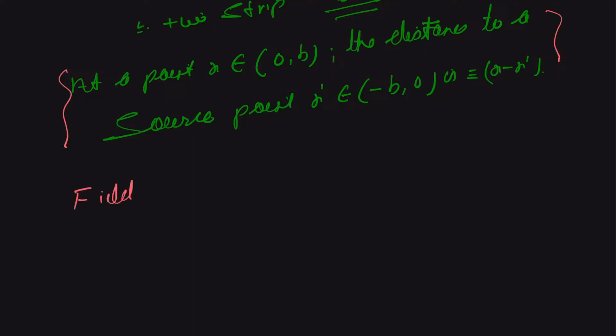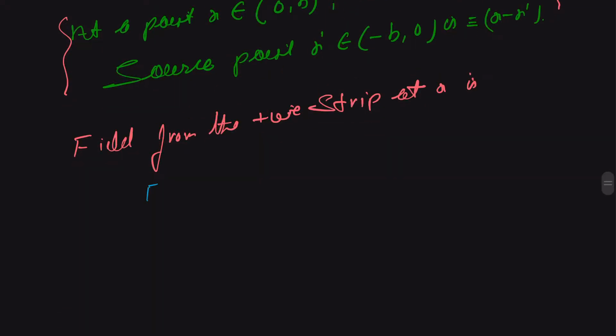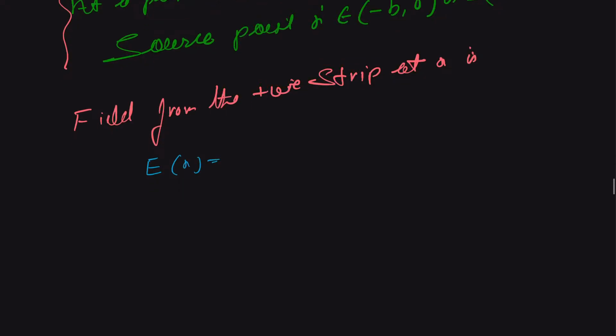You can say the field from the positive strip at x is, and we can write this as E of x is equal to sigma upon 2 pi epsilon naught, integration from minus b to 0, dx prime upon x minus x prime.